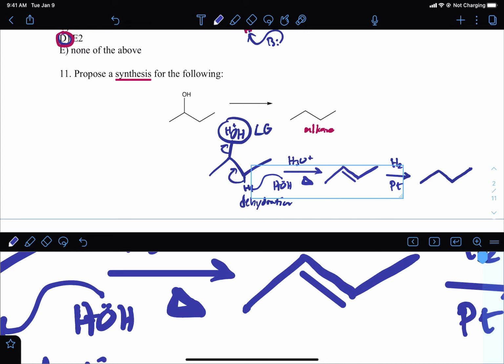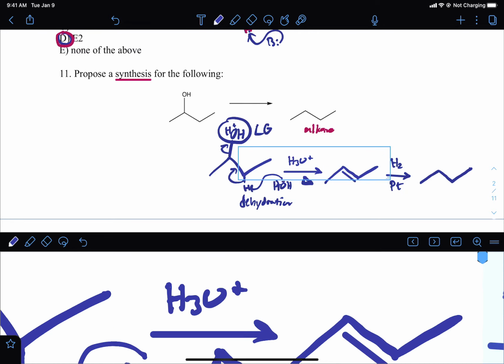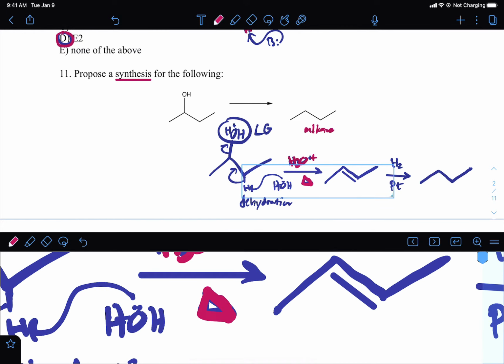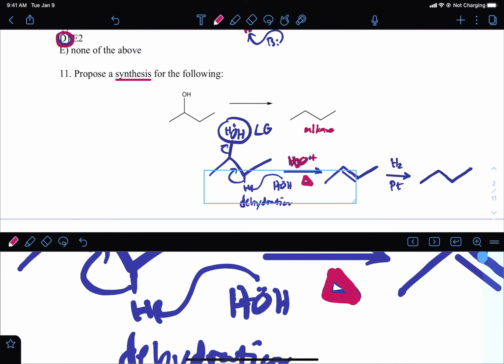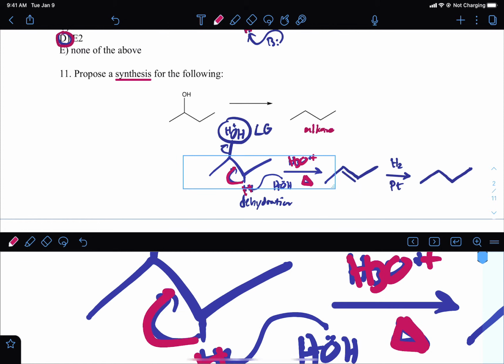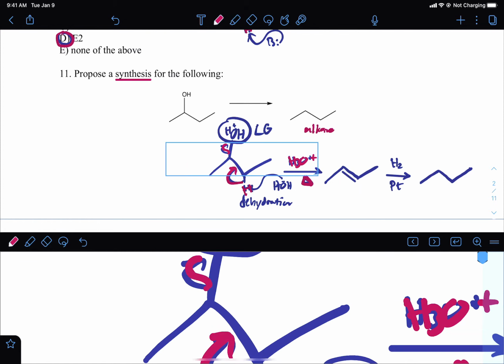So H3O+ and heat are the reagents that you need for a dehydration. And that will essentially just eliminate the alcohol as if it was any other elimination.